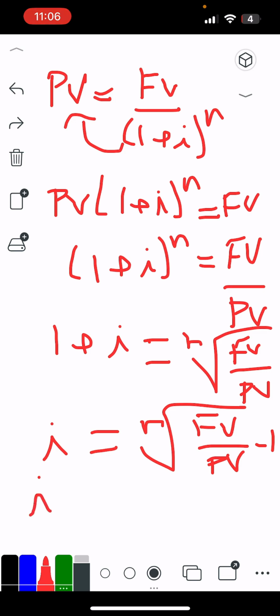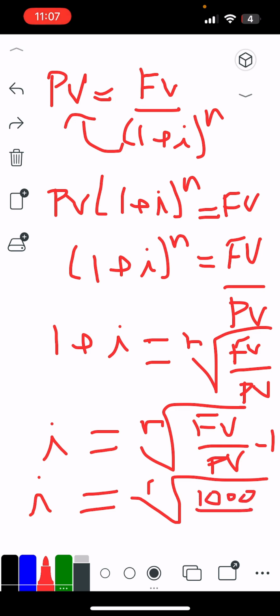So let's say, for example, this coupon bond matures in 1 year. Your n will be 1. Your face value will be 1,000, divided by your present value, which is what you paid for the coupon bond, let's say $800, assuming you paid $800. All minus 1.